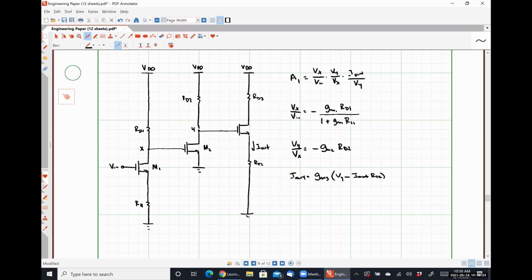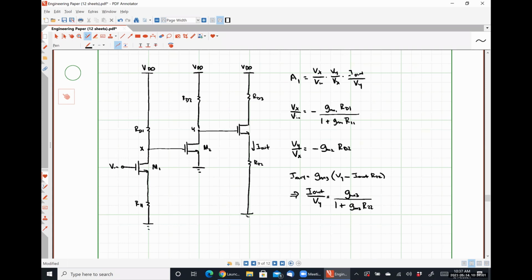Hopefully nothing too wild or weird there. And from this then, we can see that we have a transfer function of I out over Vy of GM3 divided by 1 plus GM3 R22.